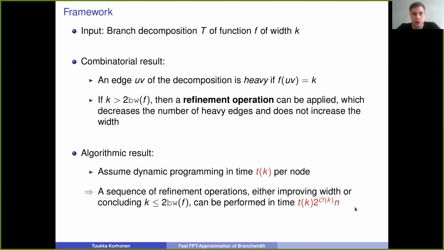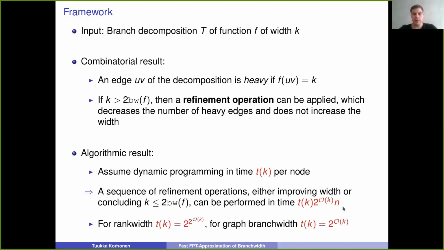It's non-trivial that this is actually linear instead of quadratic, and a bit surprising because there can be n of these refinement operations. And this t of k is what gives the dependence on k. For rank width, this t of k is double exponential, and for branch width it's single exponential.